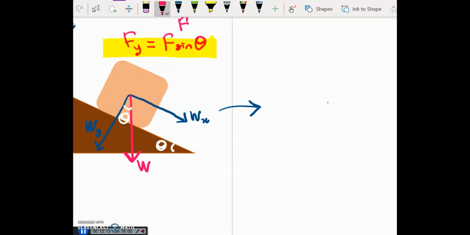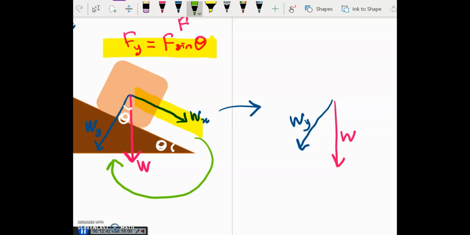First, draw a straight line which indicates W, and then I am going to maintain the position of Wy. The vector force that I am going to move is Wx. The component that I highlighted in yellow here, I am going to move it to here so that I can form a triangle.